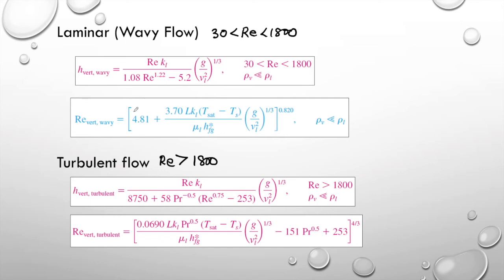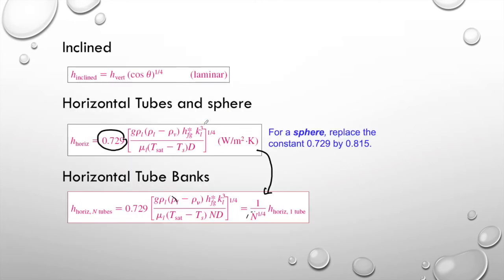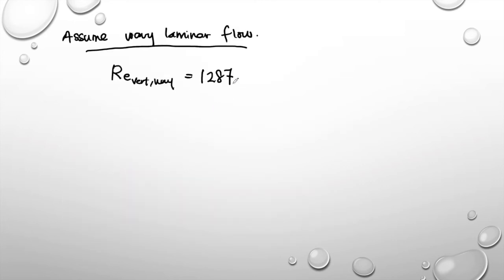So I get from this equation the vertical Reynolds number wavy is 1287, which is in between 30 and 1800. So therefore our assumption is correct.